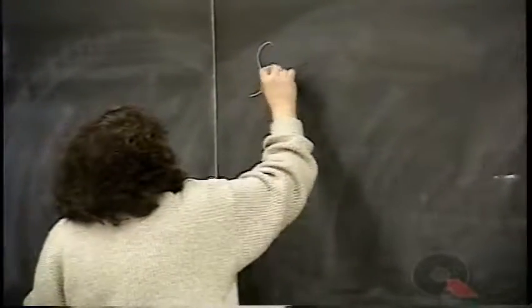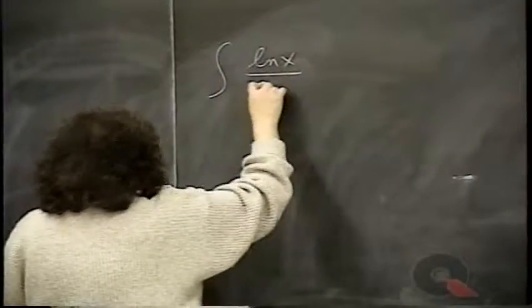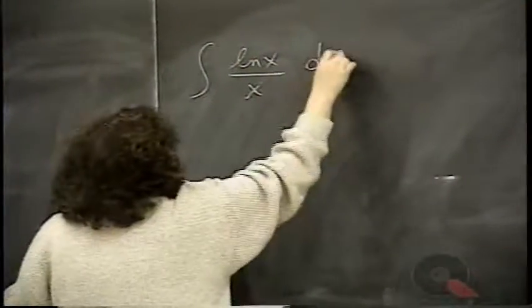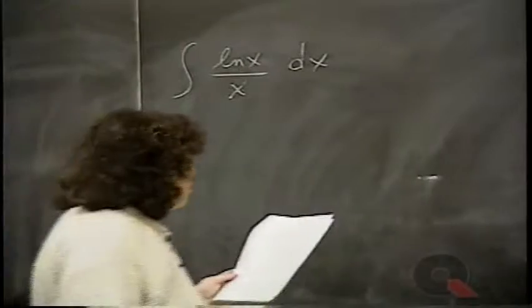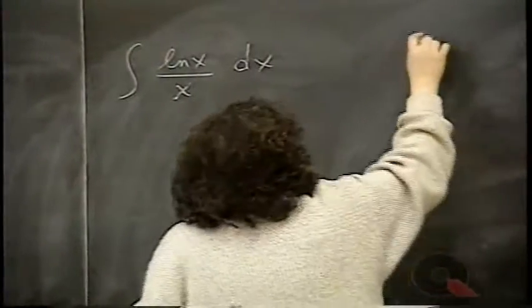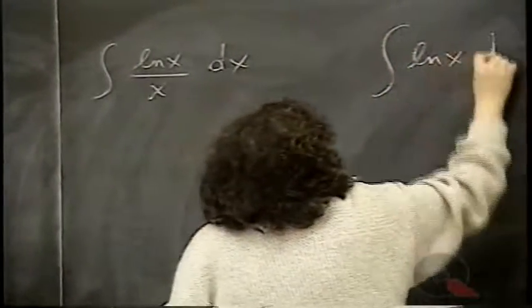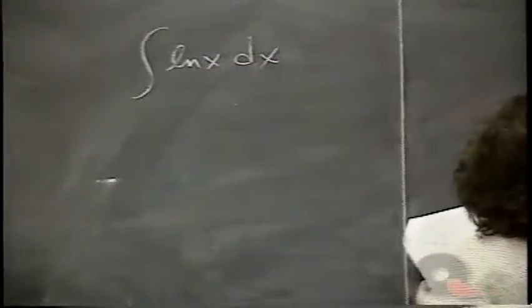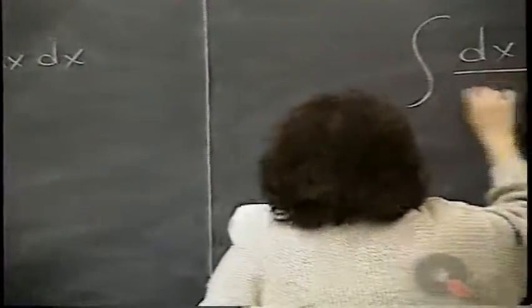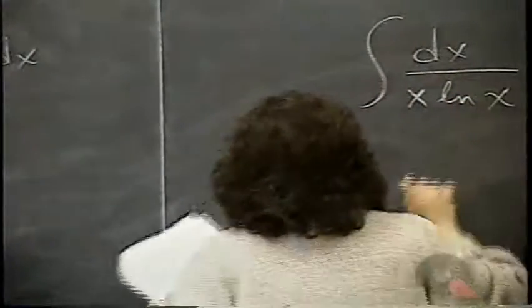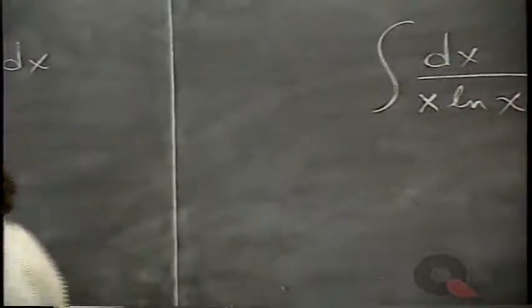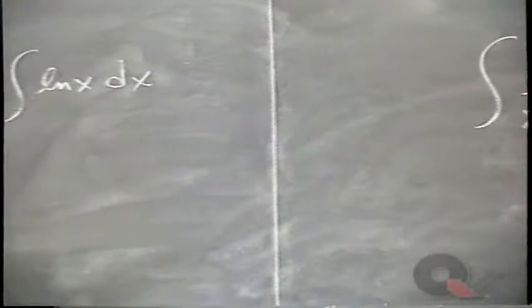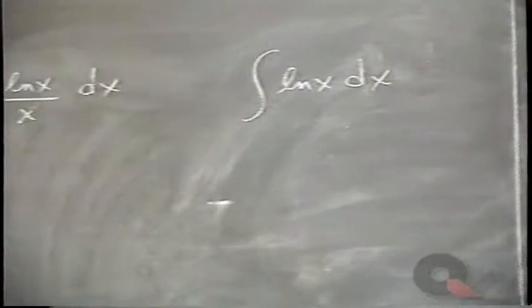Okay, now I want you to look at 3 problems that look alike, but actually 2 of them are fairly straightforward and basic form, and 1 of them requires integration by parts. Okay, we have 3 problems up there, all involving ln x.